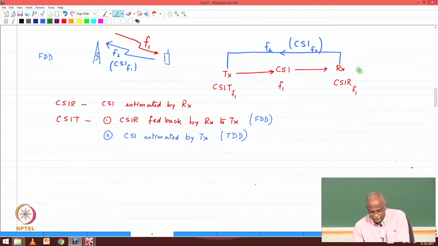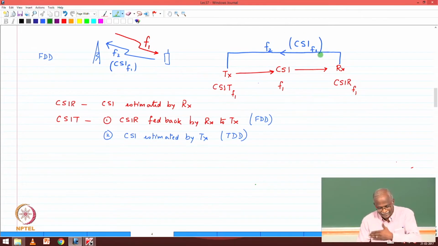So the channel response corresponding to F1 is estimated at the receiver. But this information has to be fed back to the transmitter, so that any communication between the mobile and the base station is happening on F2. It may be sending other information, but it is also sending the channel state information for the downlink.